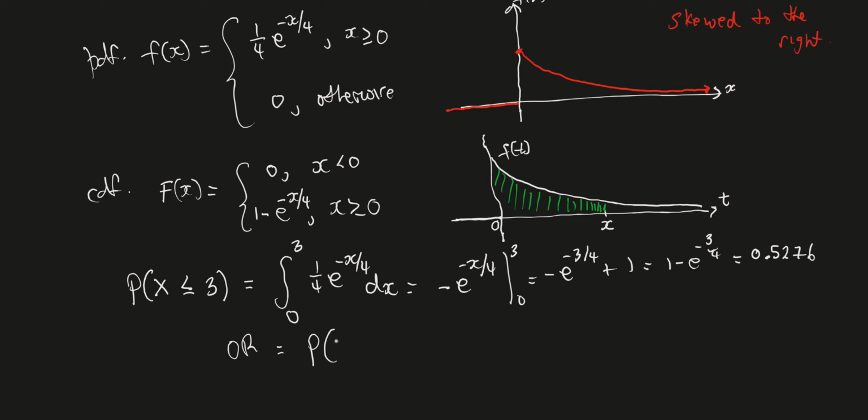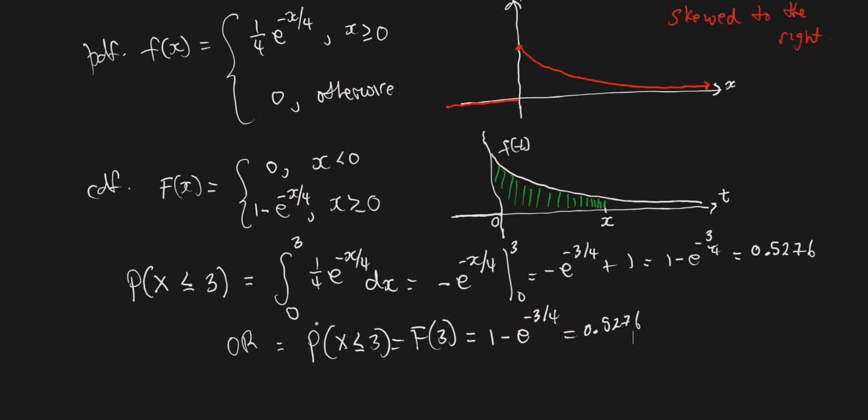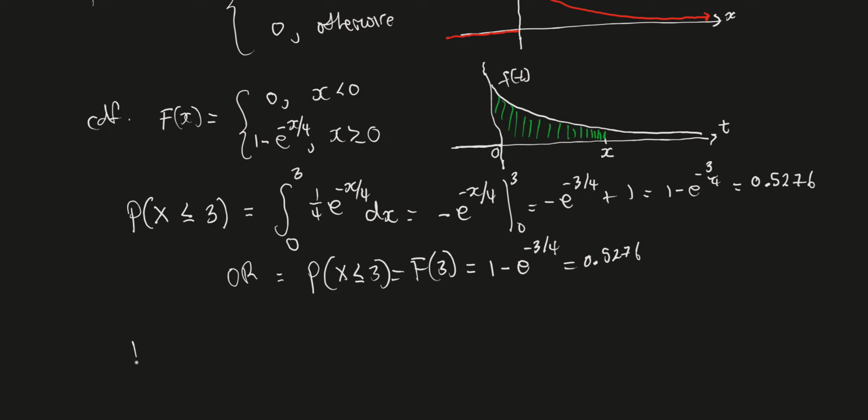So the probability that x is less than or equal to 3 would be big F of 3. And it's not hard to see that we get the exact same expression, 1 minus e to the negative 3/4, which is of course the same 0.5276.